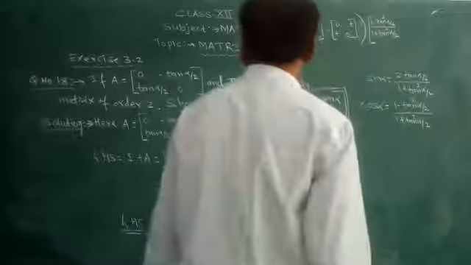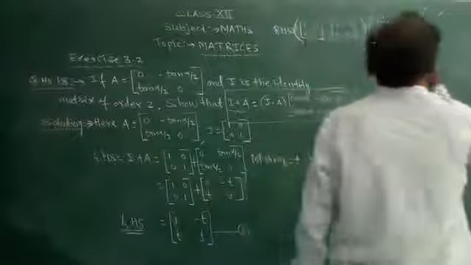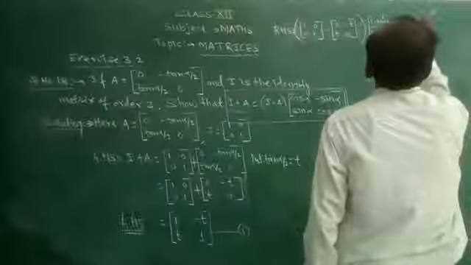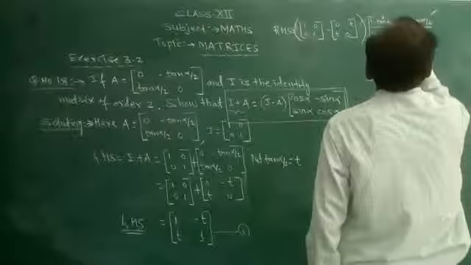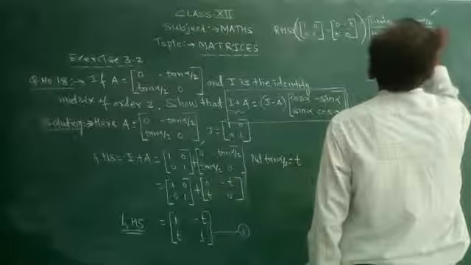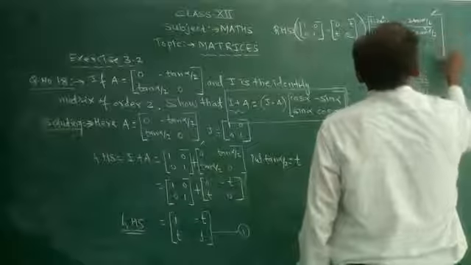Then minus sin alpha is minus 2 tan alpha by 2 upon 1 plus tan square alpha by 2.